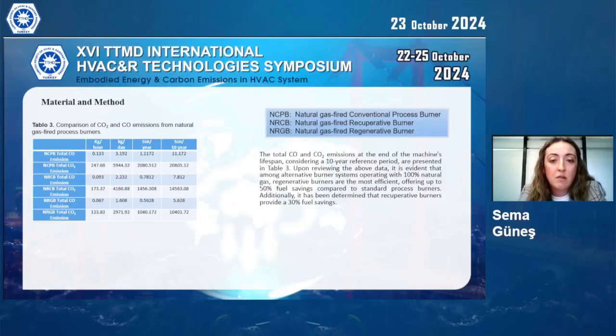Due to their high heat recovery and low fuel combustion, carbon dioxide and carbon monoxide emissions are significantly reduced. Over a 10-year operational period, it has been observed that regenerative burners can reduce carbon monoxide and carbon dioxide emissions by half compared to standard process burners.